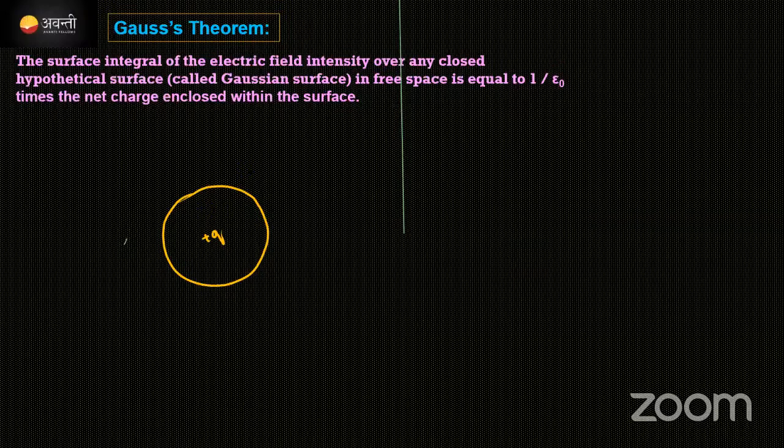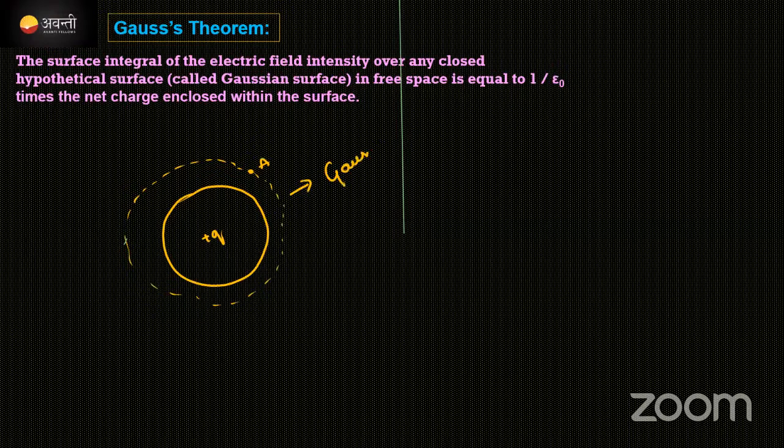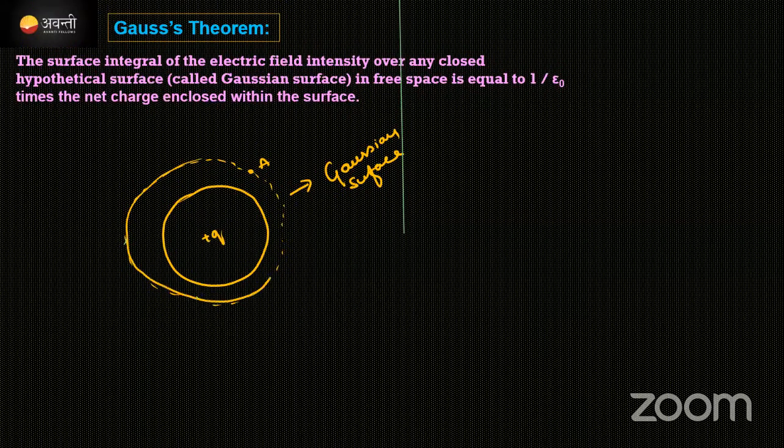At this point, if you want to find out any electric field intensity, the first thing we need to do is draw a Gaussian surface. Write it down, guys. First thing you need to do, draw a Gaussian surface. Okay, the Gaussian surface has to be created. After this, whatever the area you drew for the Gaussian surface, you have to find out this area.